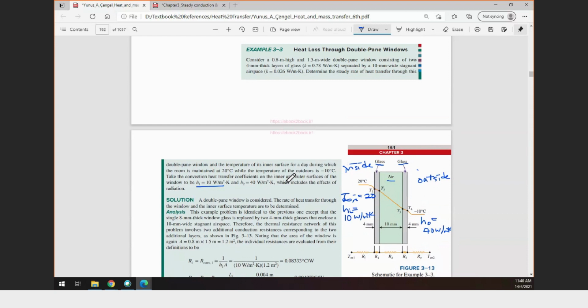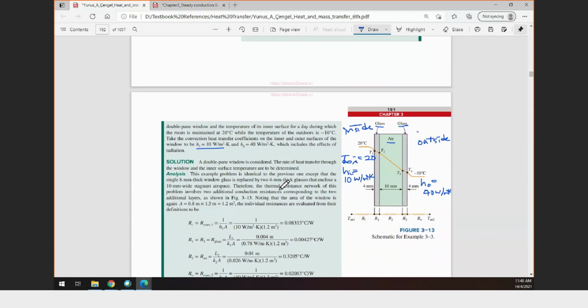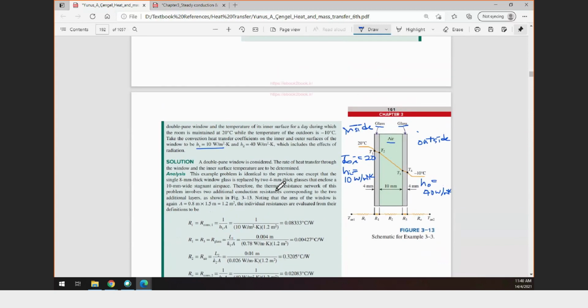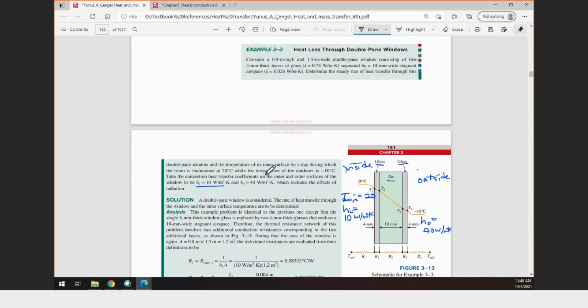Start with sketching the system, putting the important dimensions and important parameters given from the problem. Once you complete the diagram, then you start with some assumptions. But in this case there is no assumption, right? I suppose there should be an assumption here. Never mind.